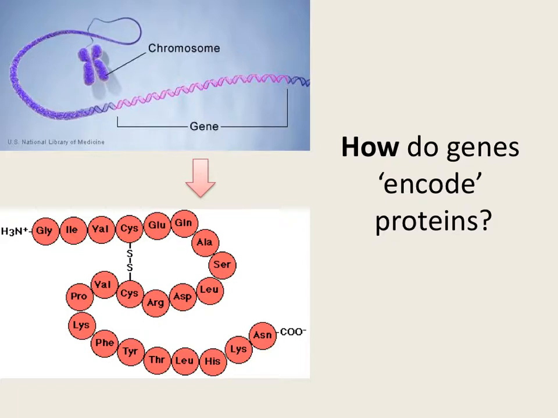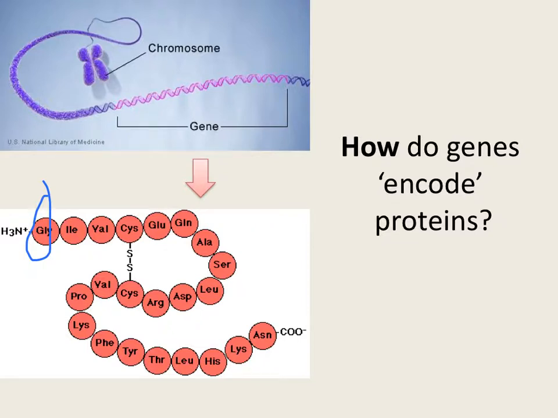Okay, so we've done a little bit of this, but let's take a look. Each of these is an amino acid. A protein is essentially a string of amino acids.